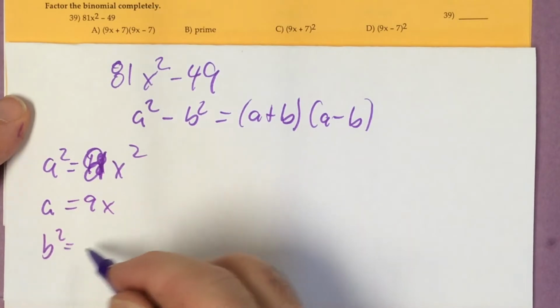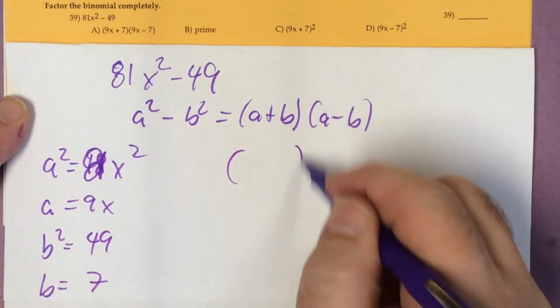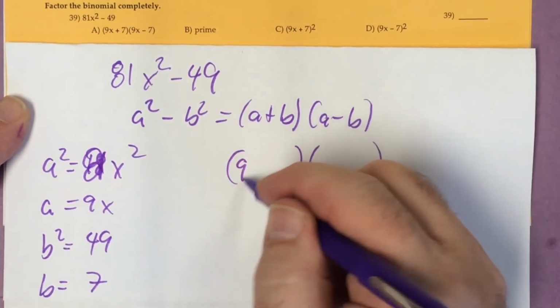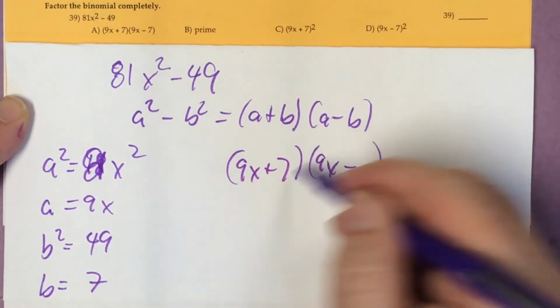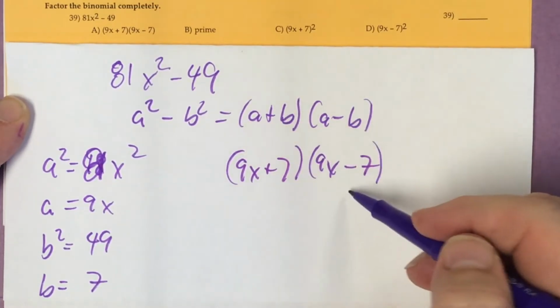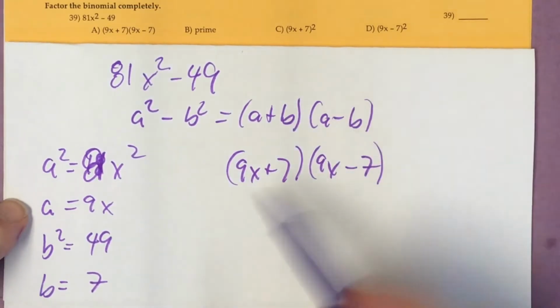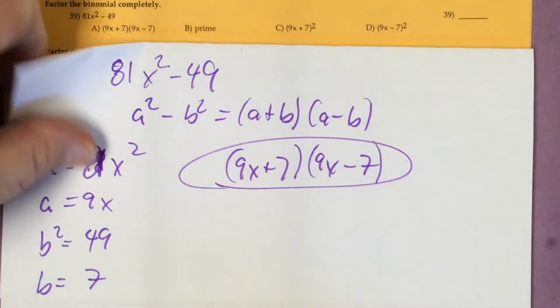If b squared is equal to 49, b is equal to 7. So if we substitute in, following this formula up here, we have 9x plus 7 and 9x minus 7. Plus and minus come from the formula. We have the b being 7, we have the a being 9x, and there's 39 factored in its final form.